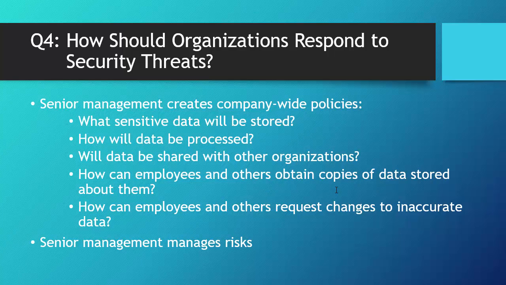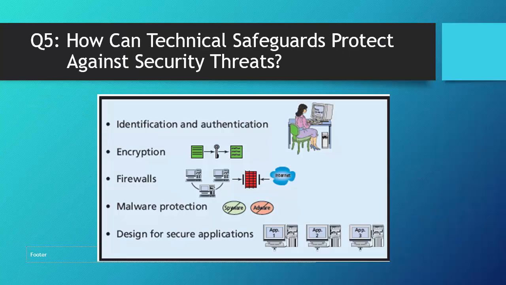There's also senior management, who manage the risk, and so that means they need to set company-wide security policies and any kind of security function to manage those risks. So moving on, the next question is, how do technical safeguards protect against security threats?